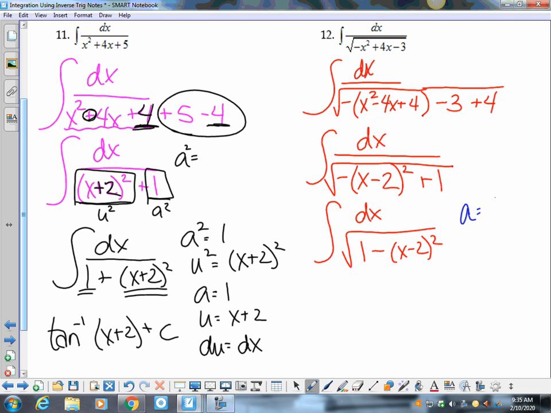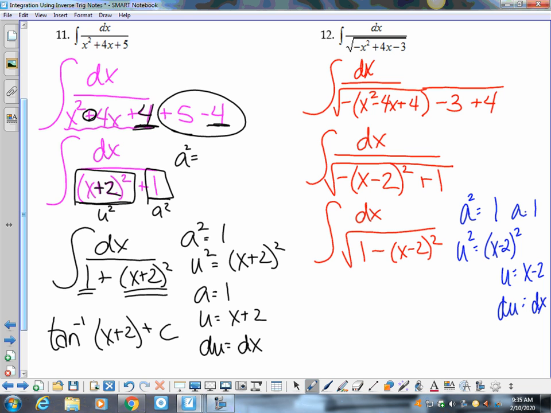So who is a squared? So a is 1. Who is your u squared? So who's your u? And who is your du?